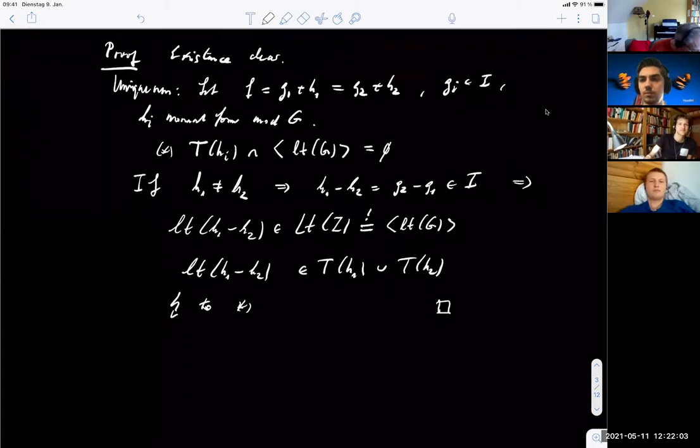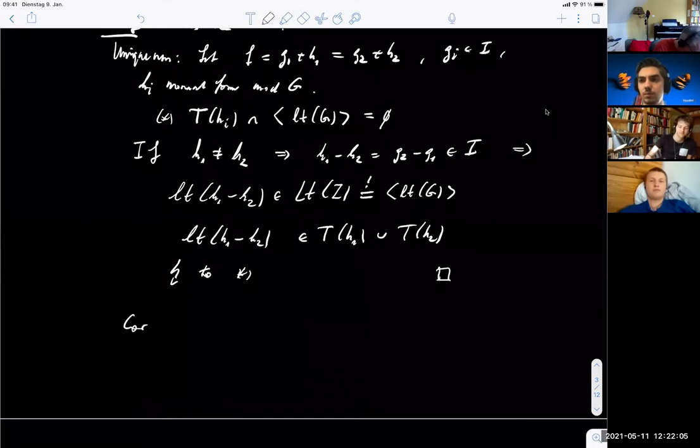Some corollary. Okay. I'm now in a position to decide the so-called ideal membership problem. Assuming I have a Gröbner basis, let G be a Gröbner basis of I. And I have any polynomial f.